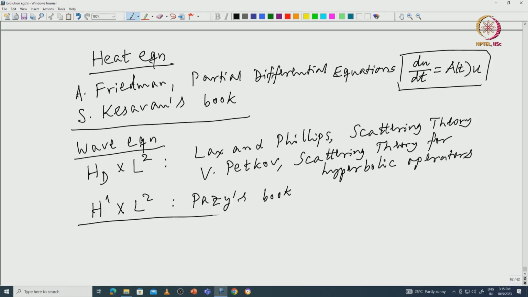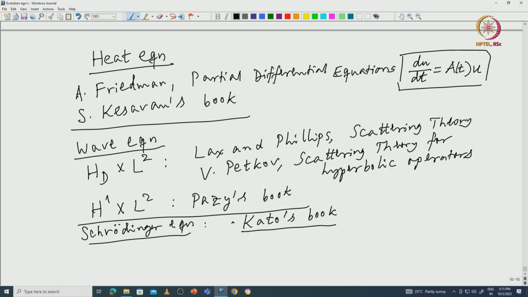And for the Schrödinger equation, let me again say that the main reference is Kato's book, Perturbation of Linear Operators, which I cited earlier. You also see a discussion on the Schrödinger equation in Schechter's book, which I also cited earlier.